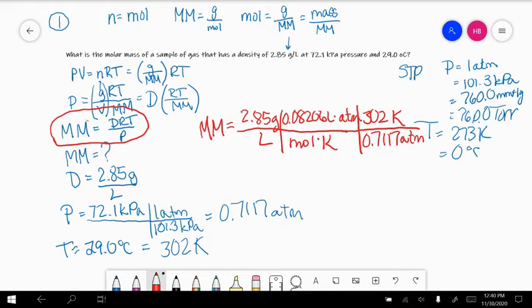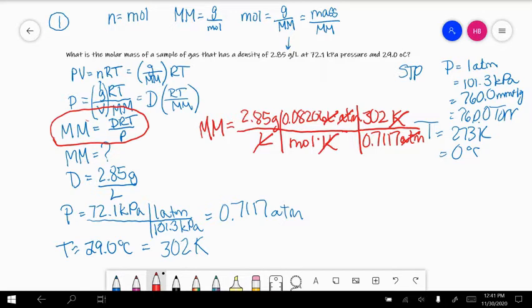If all has gone correctly, the units I don't want will cancel out. How they cancel out is by having one on the top and one on the bottom. When you have a same unit on the top as you do on the bottom, they will cancel out. And we are left with units of grams on the top and moles on the bottom. Grams per mole is an adequate unit for molar mass.